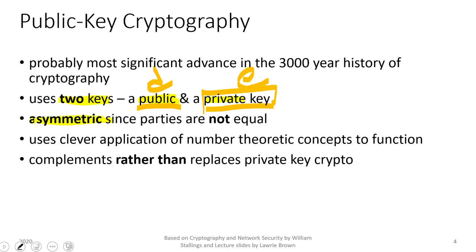Both parties of the communication are not equal, because they will have different sets of keys. So I will have my private key, then I will also have the public key that you sent me. And given that the public key is public, it can be shared with anyone.